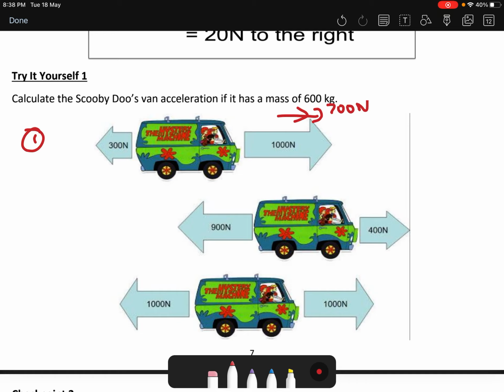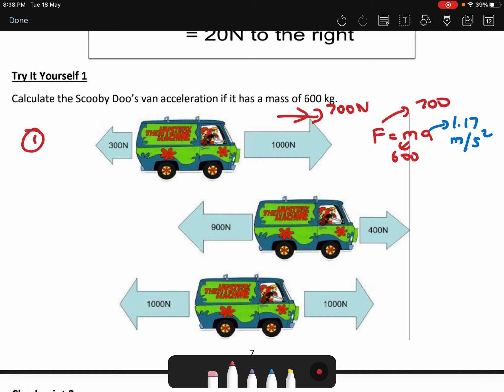Using F equal to MA, your F is 700, your M is 600 kg, so your A is about 1.17 meter per second square.